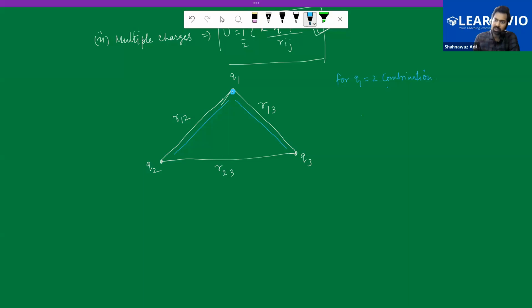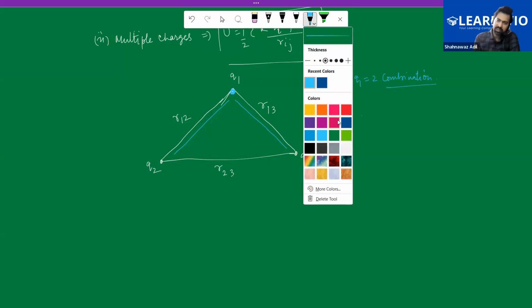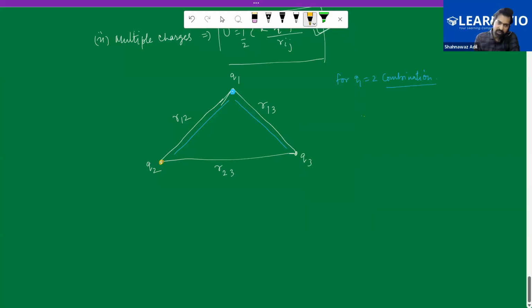Now one more combination is left. So let's say I pick this charge. Q2, Q1 I have already counted, so this one is remaining. So for Q2, I have one combination. So in total, I have three combinations.